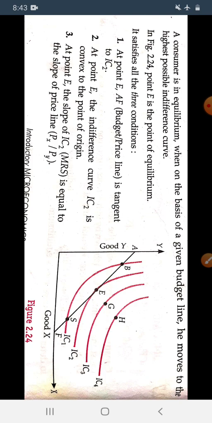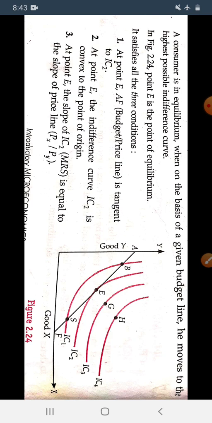So on the basis of the given budget line, a consumer moves to the highest indifference curve, because the highest indifference curve gives him or her maximum satisfaction.